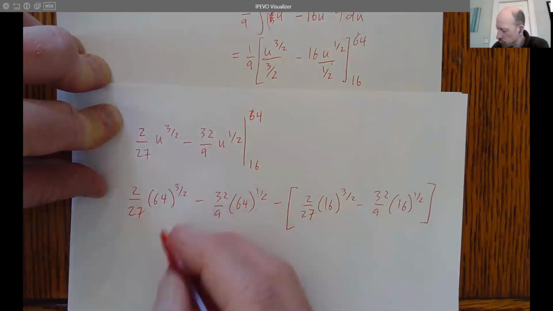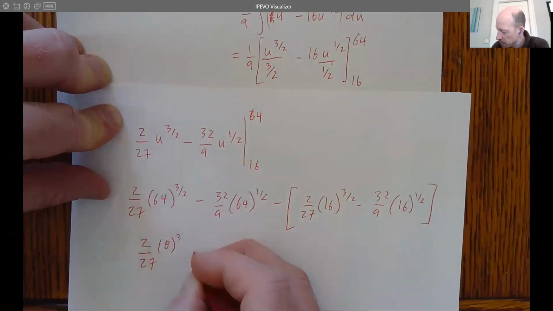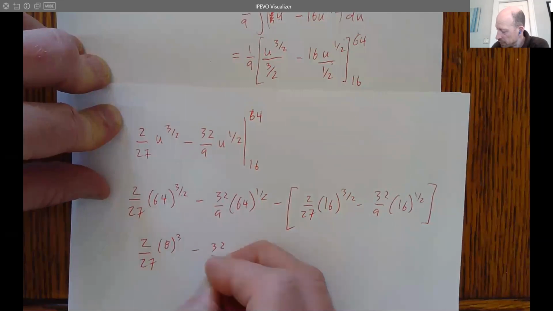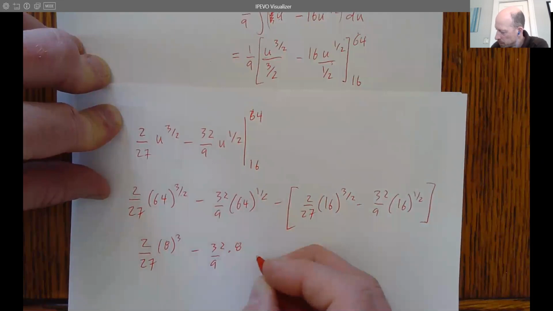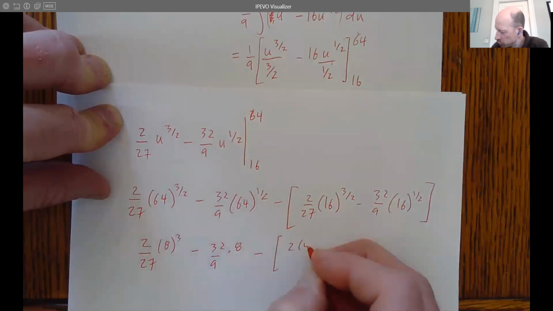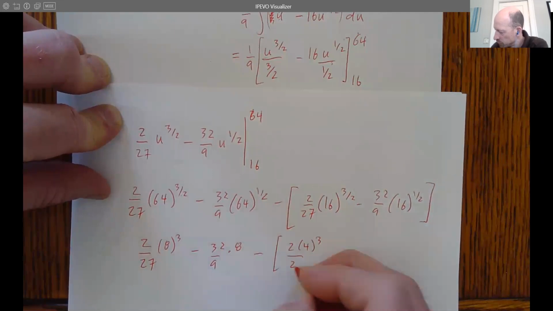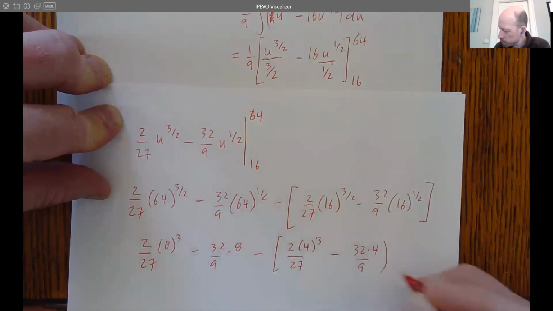So this is 2/27 times 8 cubed minus 32 over 9 times 8 minus square root of 16 is 4. So that's 2 times 4 cubed over 27 minus 32 times 4 over 9.